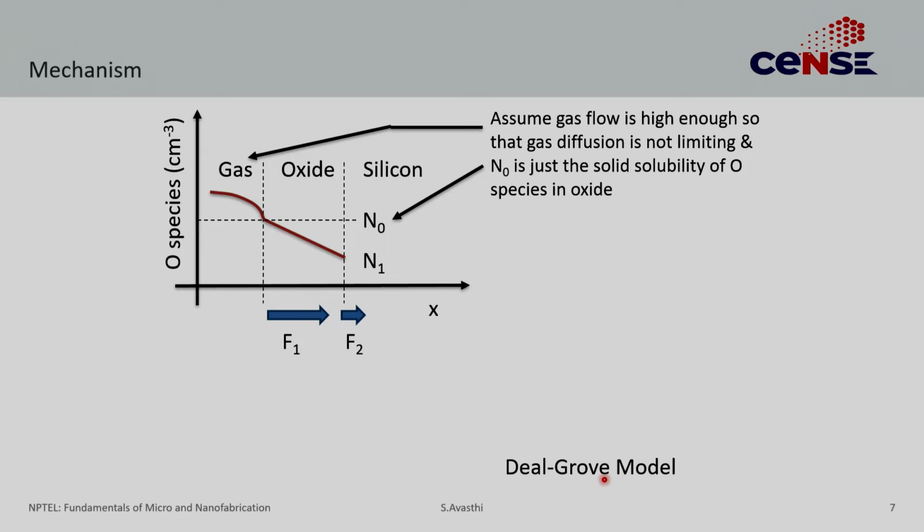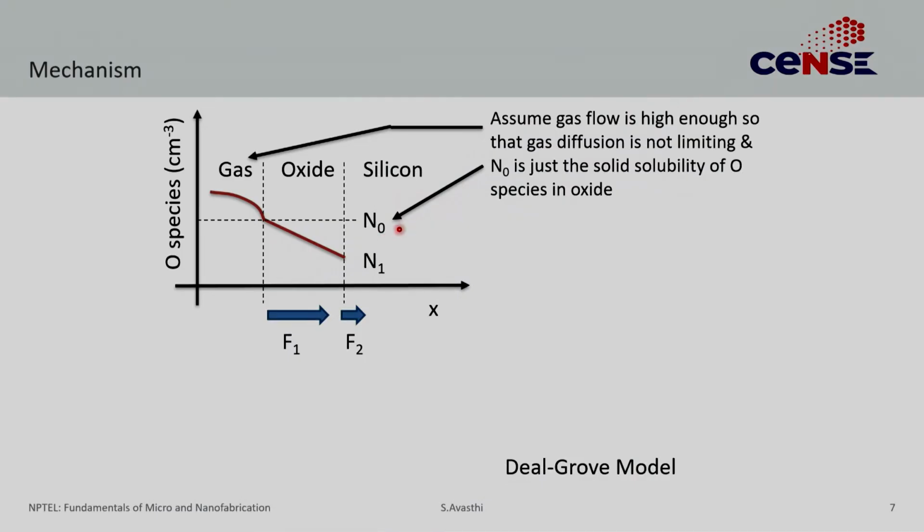Okay. Now let us first assume a few things, because whenever you do modeling, you have to assume a few things. So let's assume the gas flow is high enough so that gas diffusion is not limiting, which is what I just said. Let's assume that this profile is very shallow, is not a problem. The diffusion within the gas is very high, so this profile is very shallow.